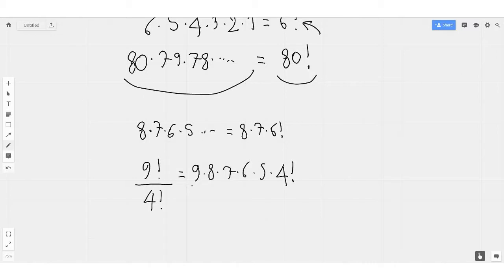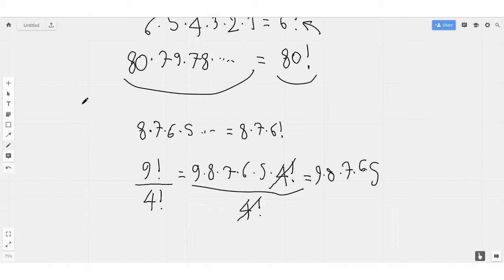And this will be divided by also 4 factorial. So what you can do, this will cancel out. You are simply left with the following: 9 times 8 times 7 times 6 times 5.